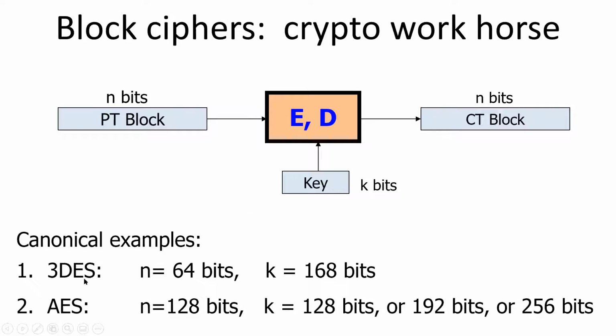The block ciphers that are currently common in operation, like triple DES or AES, here are the example parameters. And they have very different parameters. For example, triple DES has blocks several times shorter than key bits. AES has twice longer blocks than triple DES.